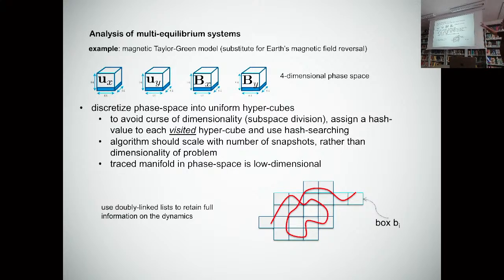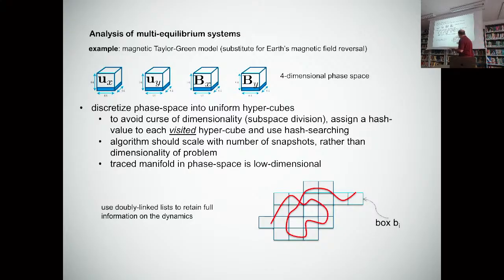So we go into a 4-dimensional phase space, even though I just showed a 2-dimensional one, and we're going to discretize phase space into uniform hypercubes. So we have a 4-dimensional hypercube, and each evaluation of a snapshot falls into a specific hypercube in 4-dimensional space.